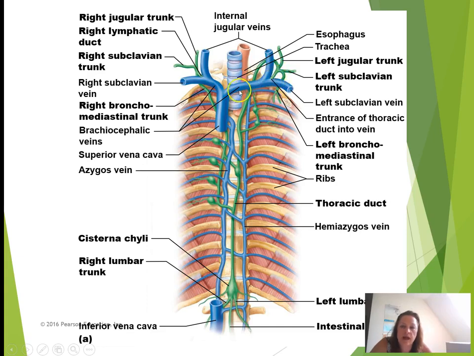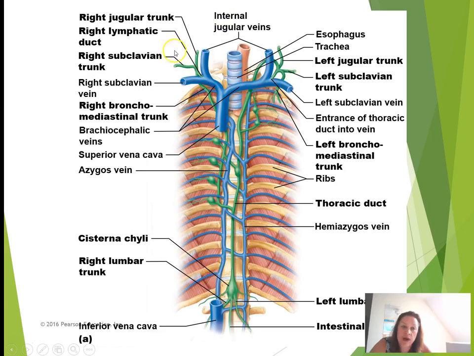They drain into the subclavian, that little division there, and then into the superior vena cava. So all of the lymph comes up, squeeze, squeeze, squeeze, and is eventually dumped into the venous system.